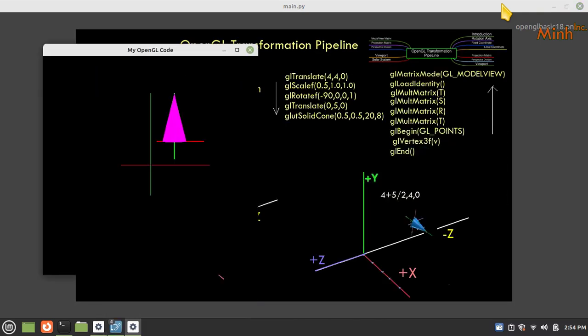Then I'll scale. Then I'll rotate along z axis. Then I'll move along y axis, so that is up. So it came here. So this is a local axis movement. The way we described it happened in that way.